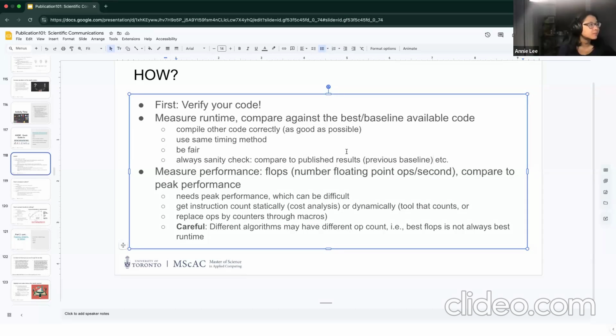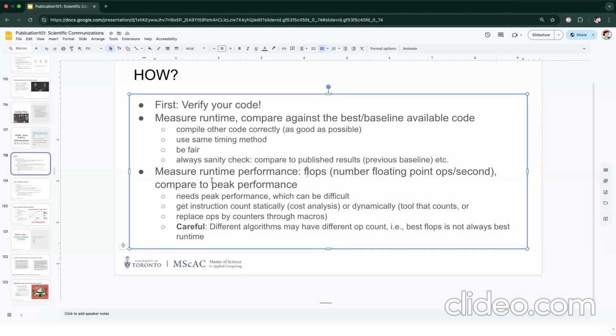And then in terms of measuring the runtime performance, usually we use flops, the number of floating point operations per second, and then compare it to peak performance. Have you seen these before, Dylan? I don't think I've used or seen the terminology of flops before in particular. Okay.